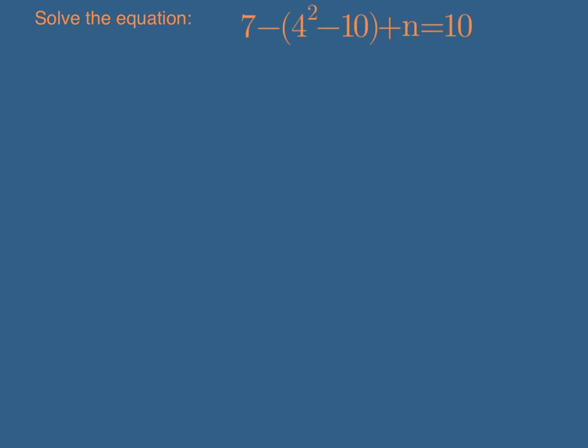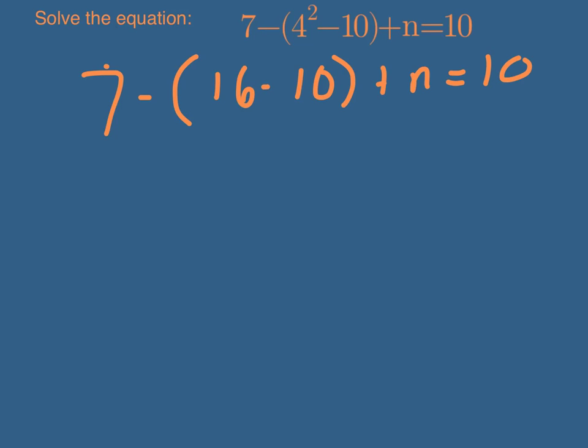Like I said, we're going to do a lot of examples today. That's pretty much the rest of the video. Another equation we need to solve. In the parentheses, we have an exponent. So 4 squared gives us 16 minus 10 plus n equals 10. 16 minus 10 gives us 6.